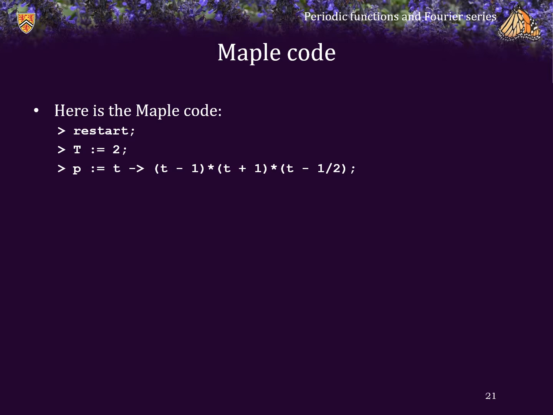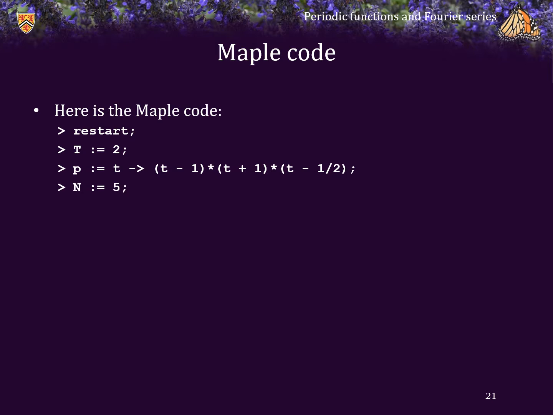We're now going to define the function p, which we will periodically extend from the interval -t/2 to t/2. So in this case, it is the polynomial that has roots at -1, 1, and 1/2.